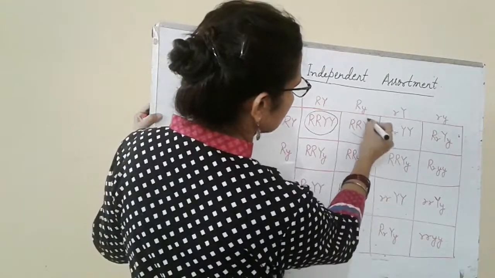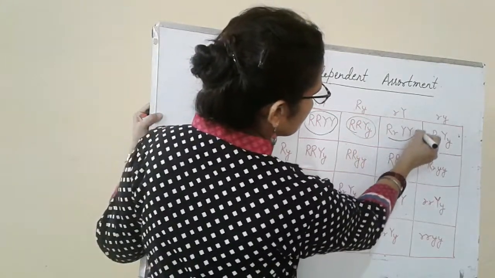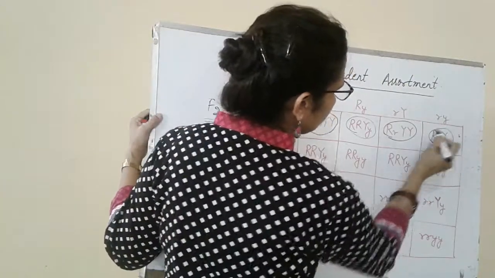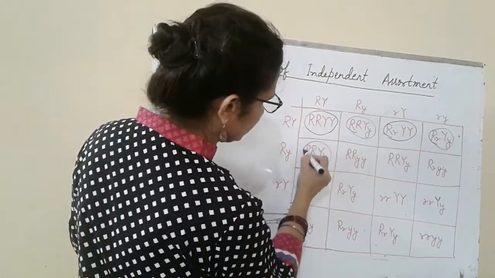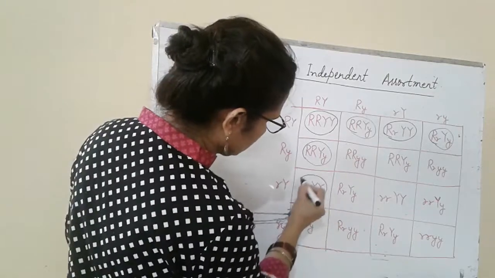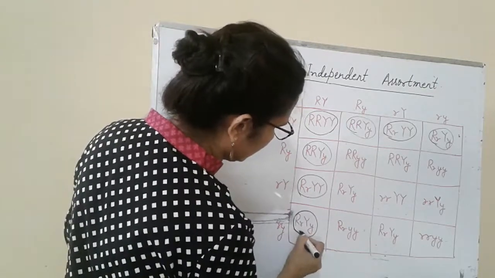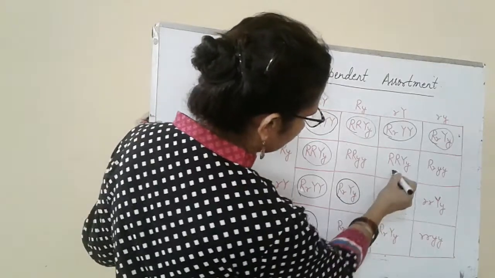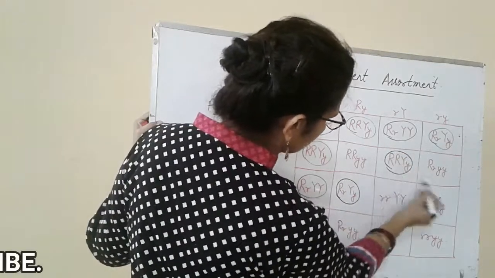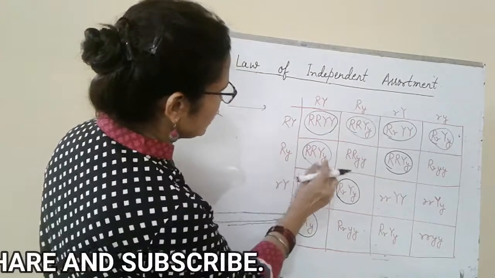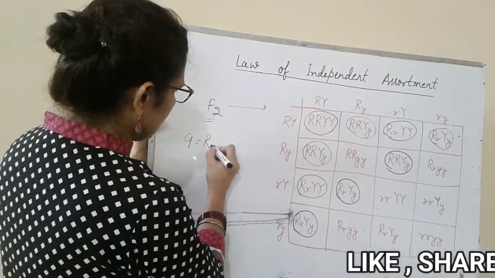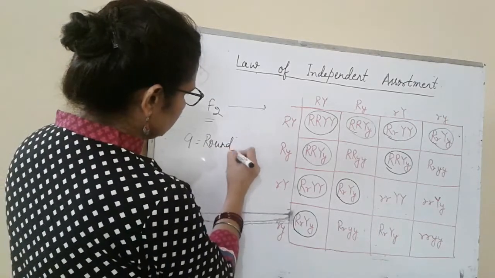This also gives round and yellow, this is also round and yellow. So in total 9 plants were produced that were round and yellow.